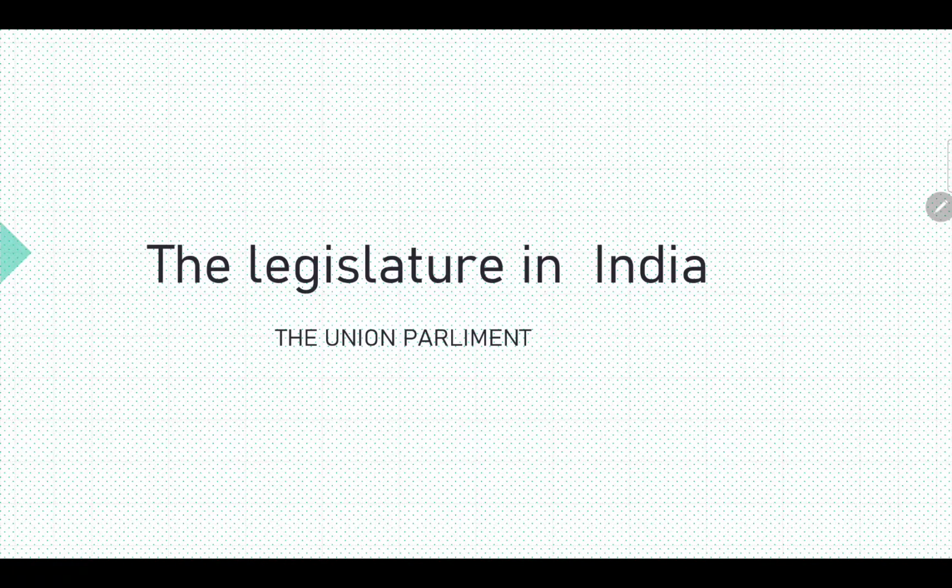Now the main basic assumption that we need to understand is that the legislature is the law making body of a government. So in legislature we have to talk about the two houses, that is Lok Sabha and Rajya Sabha.